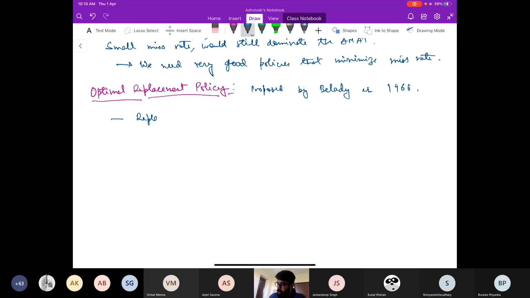That you replace the page that is going to be accessed furthest in the future.